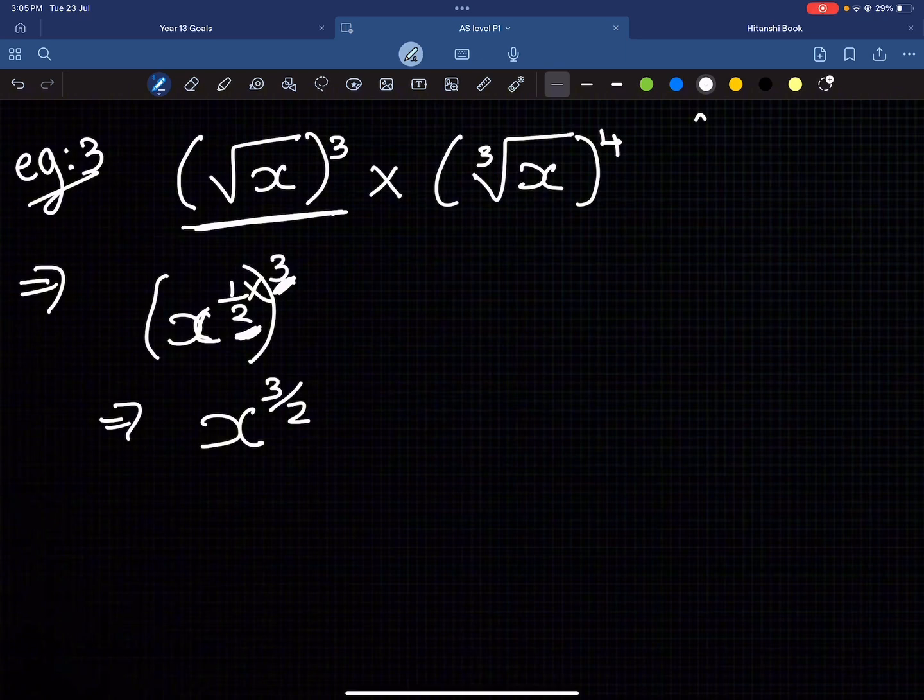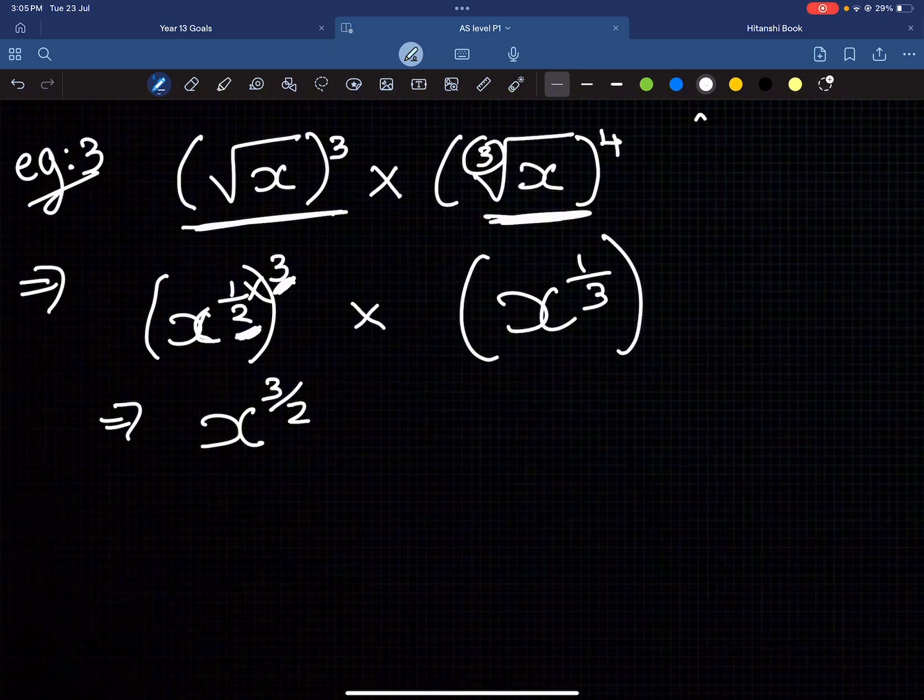Now again, in this one you can see I have a cube root, right? Like I said, this can be written as x raised to 1 by 3. And again, whole of that is raised to the 4th power. That means I can simplify this by writing x raised to the power of 4 by 3, right?